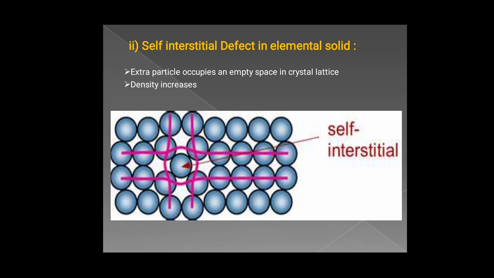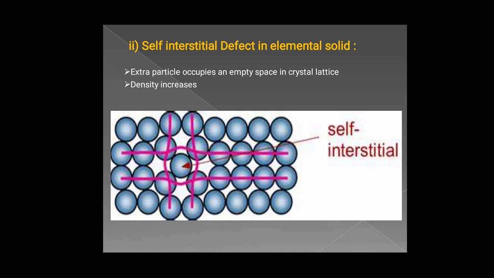The next defect is self-interstitial defect in elemental solid. As the name suggests, each extra particle occupies an empty space in the crystal lattice. Here you can see the continuous one-dimensional structure of the crystal, and this is another layer of it. Now an extra atom gets added.